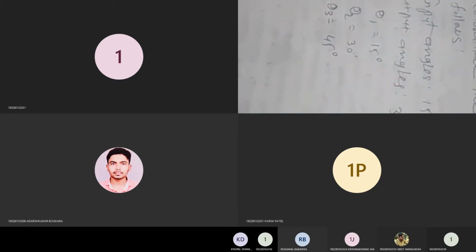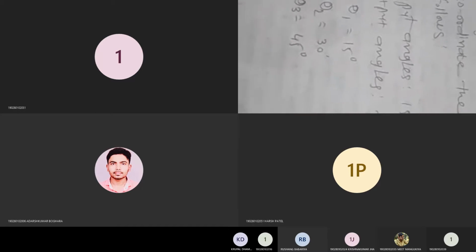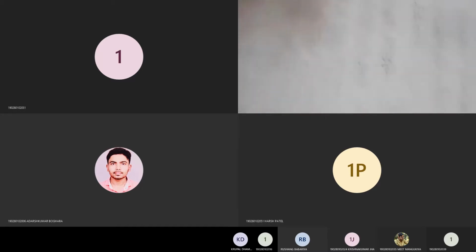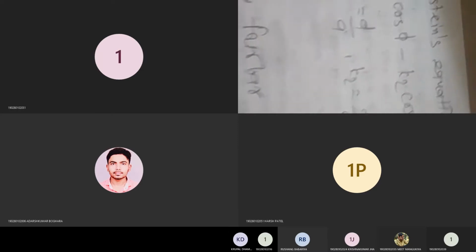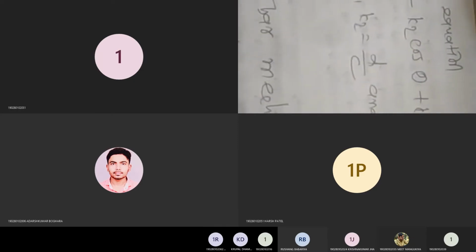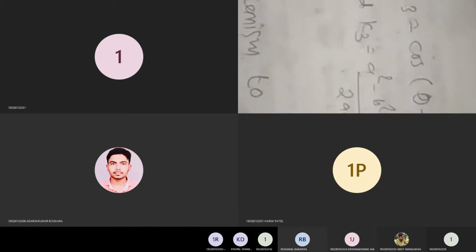Now we know the Freudenstein equation for the first position of input and output. Already we discussed that this is the equation: k1 cos phi minus k2 cos theta plus k3 is equal to cos(theta minus phi).